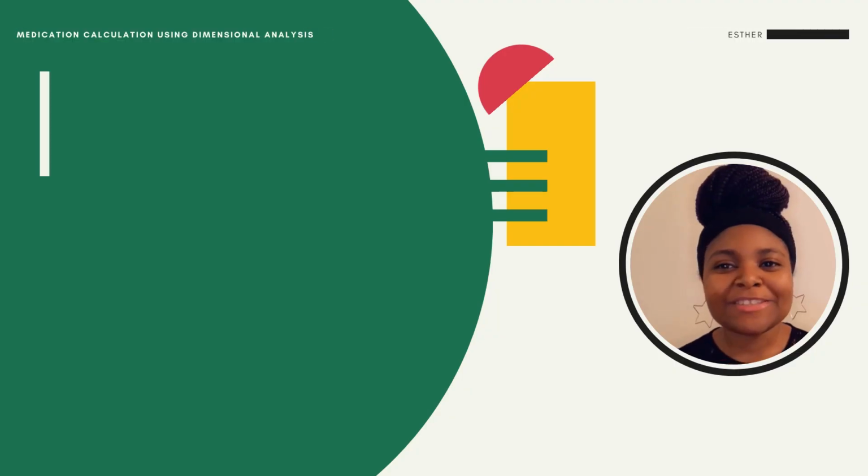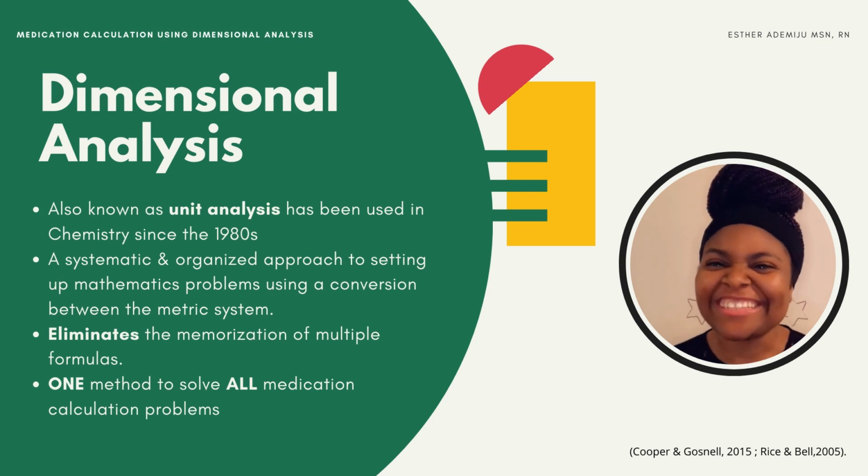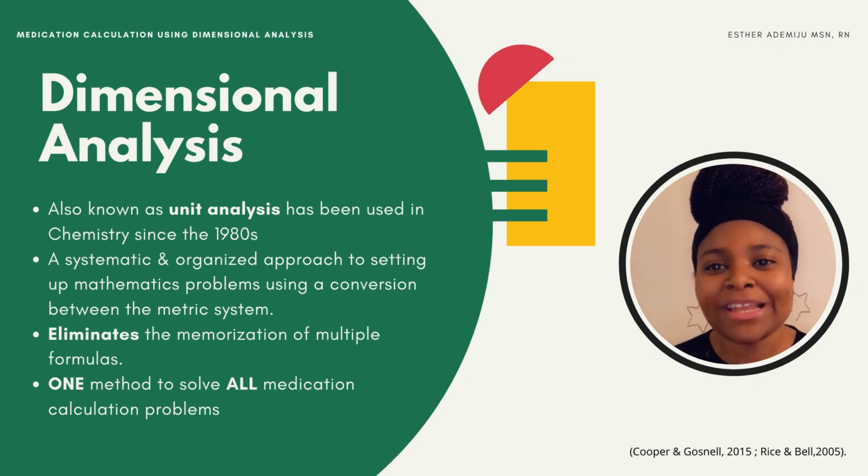Okay? So what is dimensional analysis? If you have ever been in a chemistry class or course, you have probably seen this before. It's also known as the unit analysis. It's a situation whereby we're using a systematic and organized approach to solve math problems.